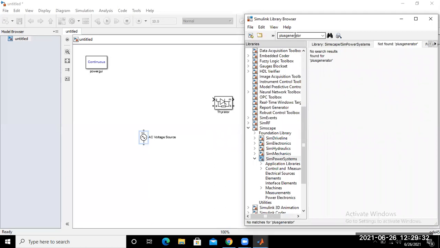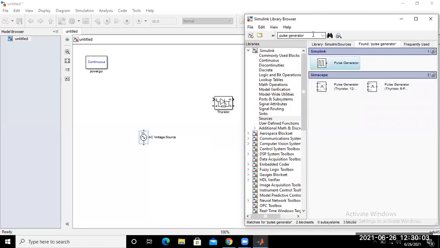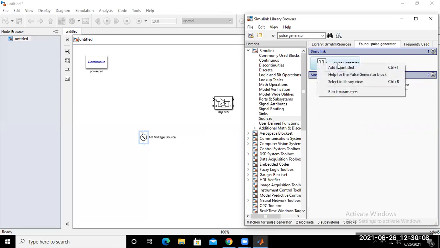Simply write pulse generator here and enter, and you will get the pulse generator. Again drag it to the workspace.